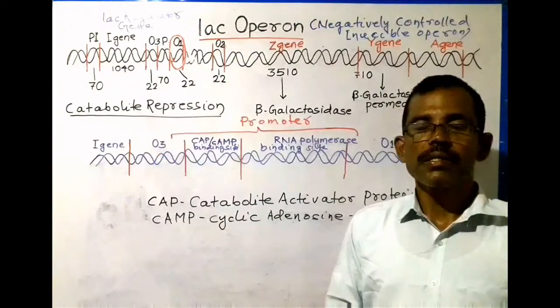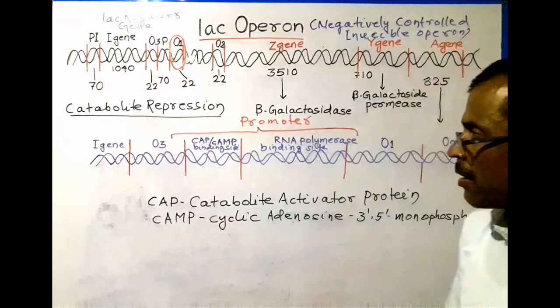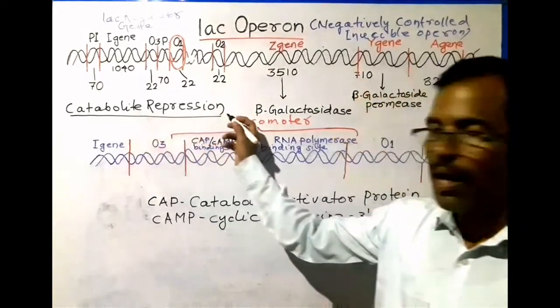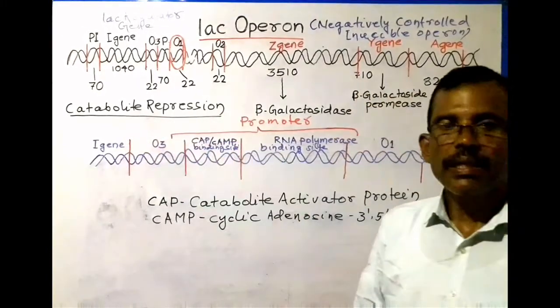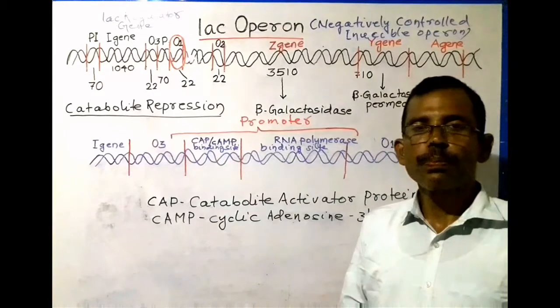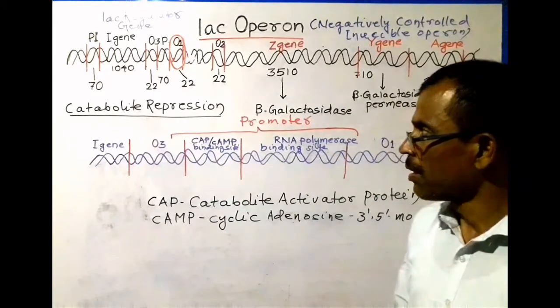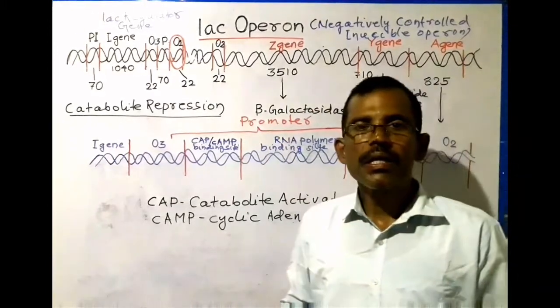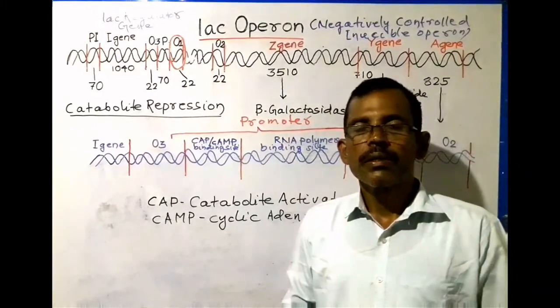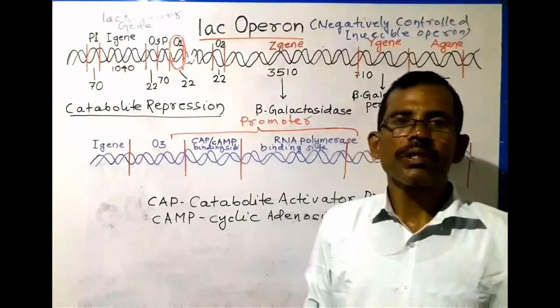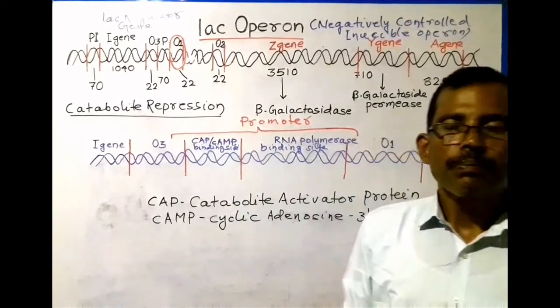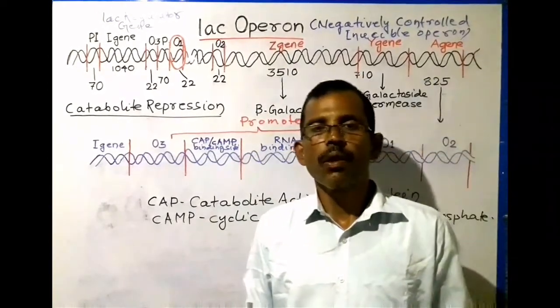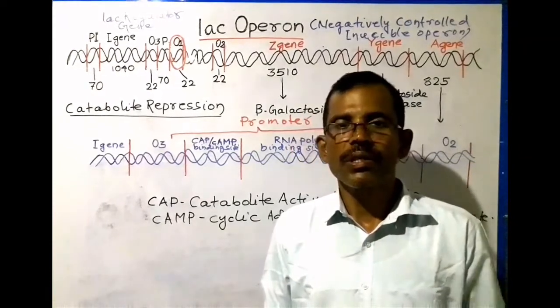Now we shall discuss about another phenomenon known as catabolite repression. The catabolite repression also plays an important role in the expression of the LAC operon. It has long been known that the presence of glucose in the nutrient medium prevents the utilization of other energy sources.